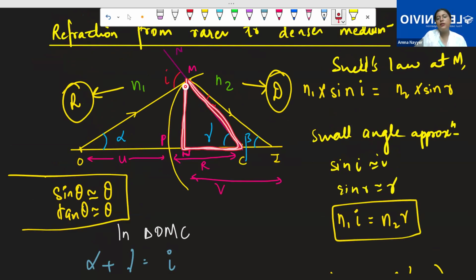Here, can you tell me what is the value of gamma?